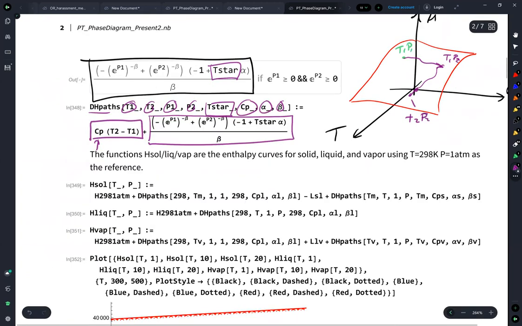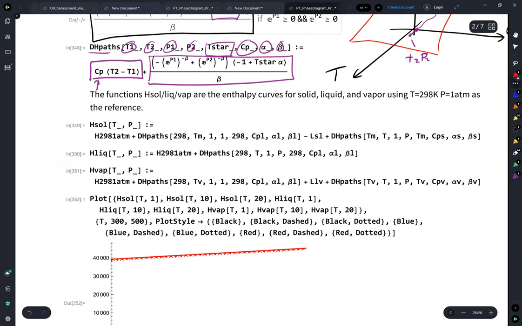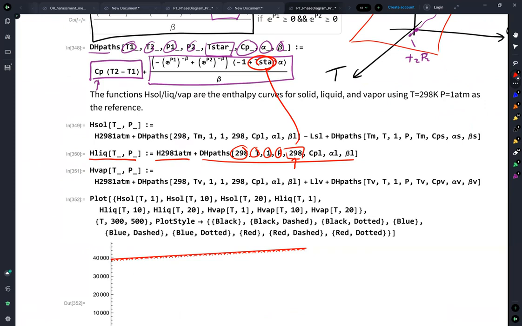So implementing this, you can see the liquid, you've got the reference, and then the change from 298 to the temperature of interest, 1 atm to the pressure of interest, holding that as T star in the change in pressure, and then to specify that this is the path on the liquid surface, I've got L, L, and L, which I specified at the top of the sheet.